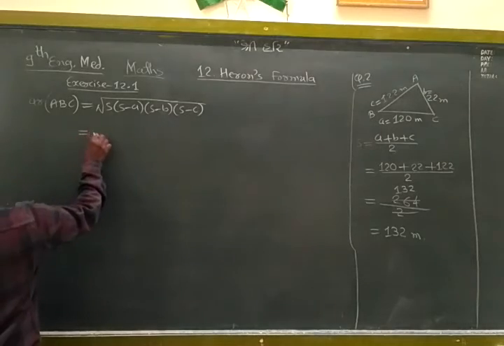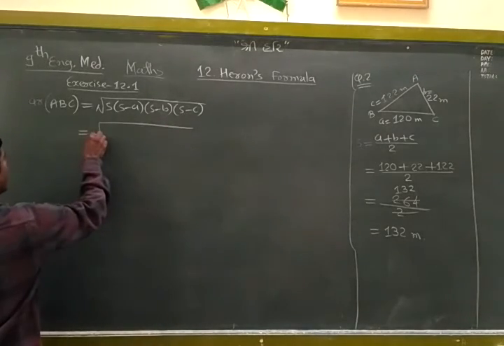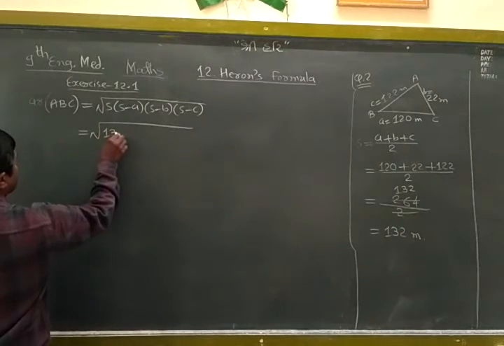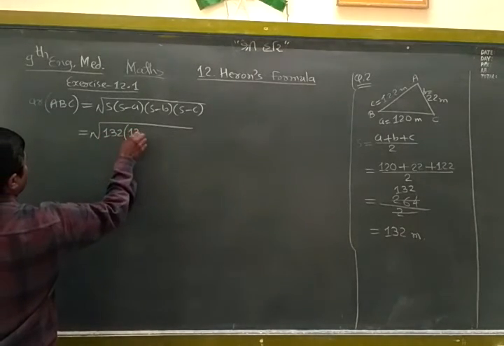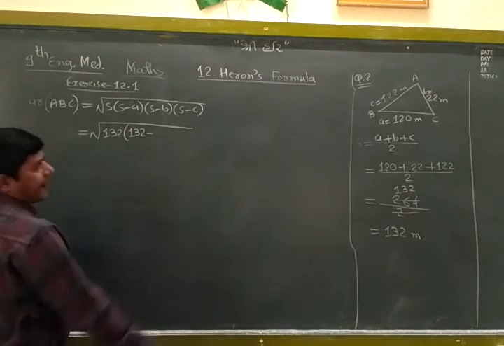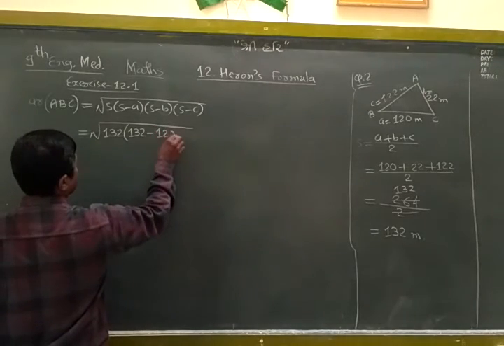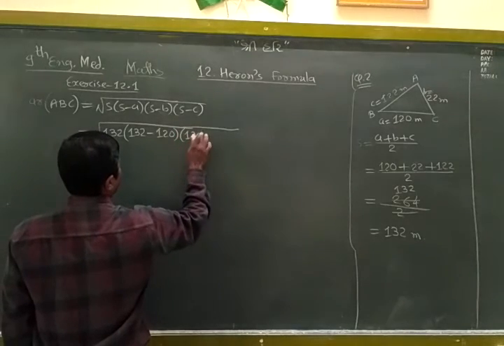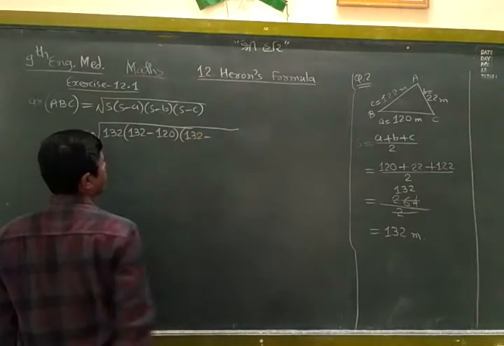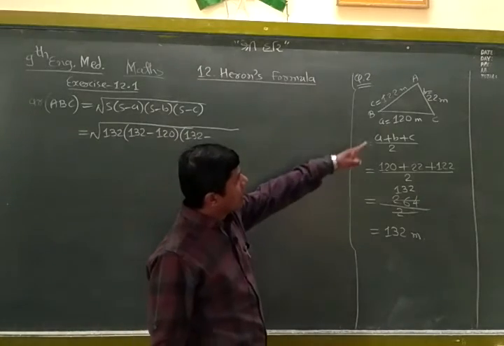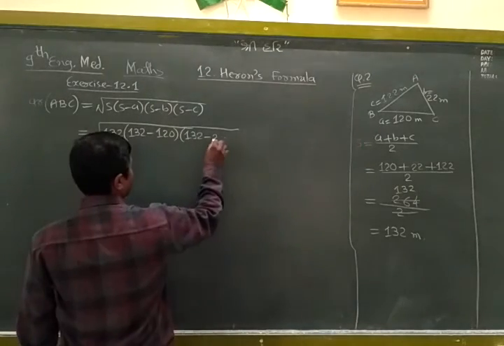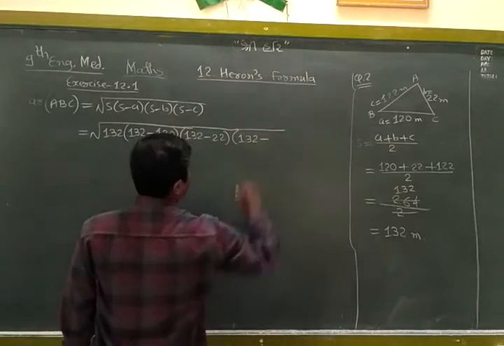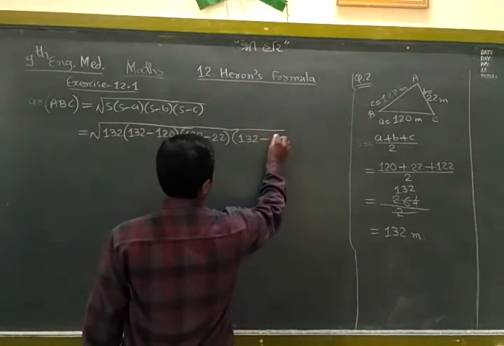Put the value under root, S value here 132, minus small a 120, 132 minus small b 22, 132 minus small c 122.